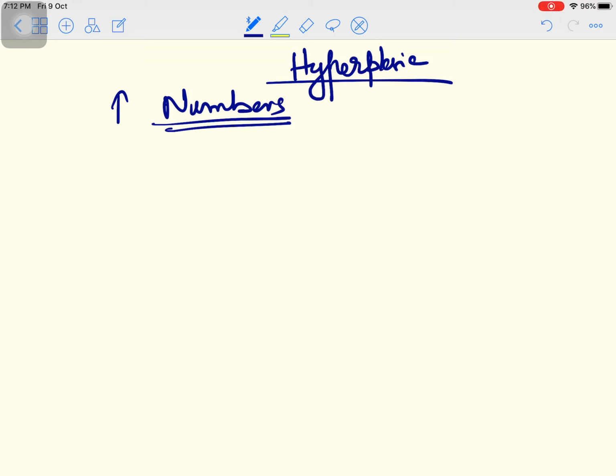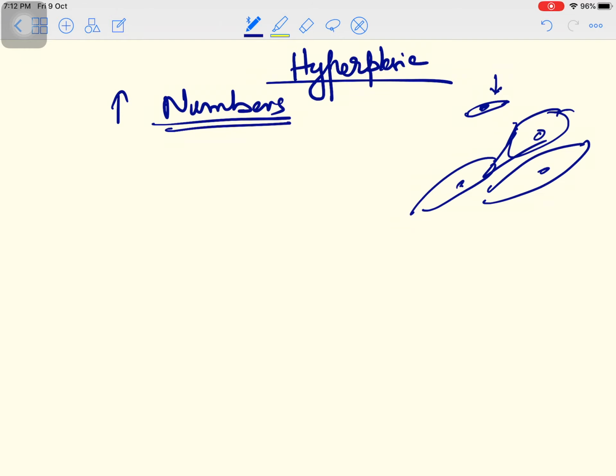As I already mentioned, in the uterus, when there is estrogenic stimulation, the smooth muscle numbers also increase, not just the size of the smooth muscles. So when the smooth muscles get estrogenic stimulation, they increase in size as well as in number. So an increase in number is called hyperplasia, right? And that is due to the stimulation. Usually this is due to hormonal stimulation.